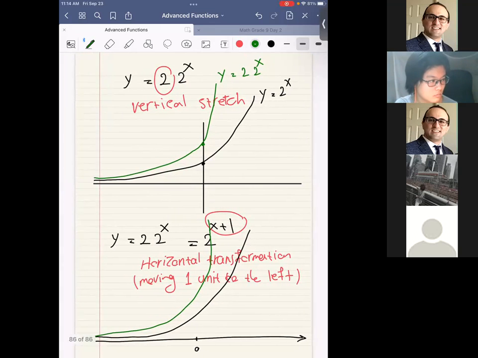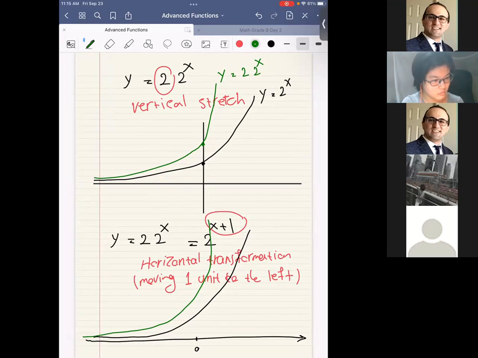So you can do lots of things to this. You can add 1, for instance. You can say 2 to the power x plus 1, or minus 1. If you add something, you just have to transform it vertically along the y-axis. If you add something positive, you move it up.